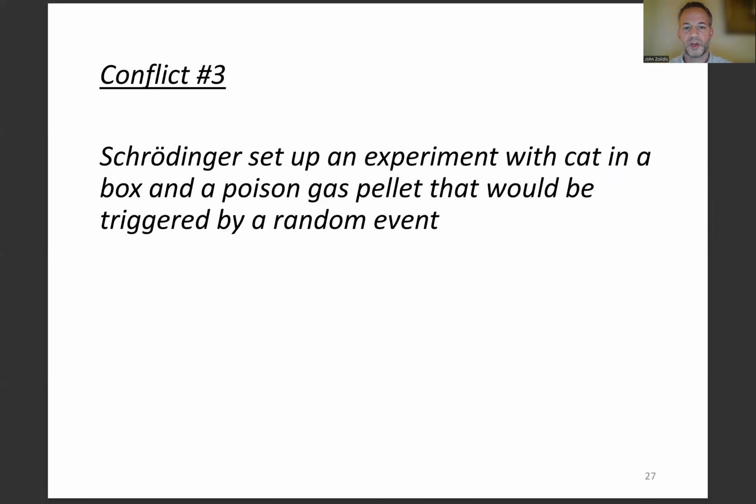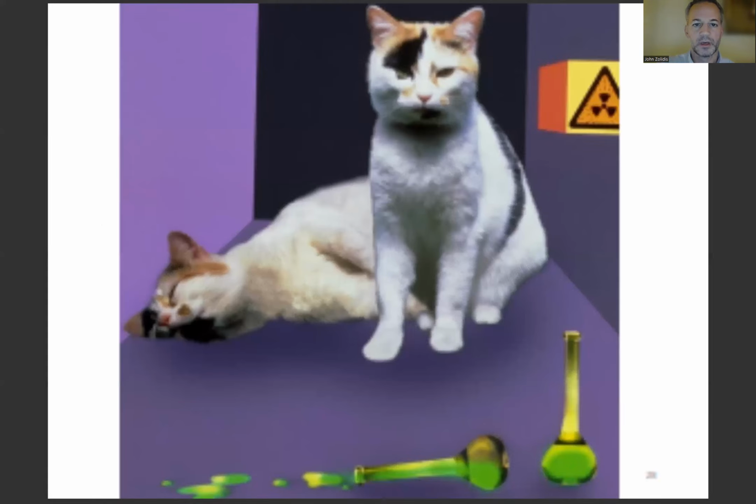He created this experiment. Okay, it's a thought experiment where you put a cat into a box together with a poison gas pellet that would be triggered or released by a random event, which we won't get into the mechanism.